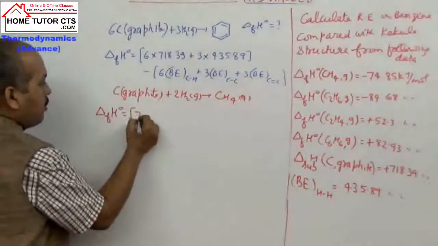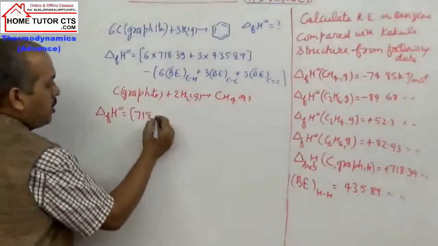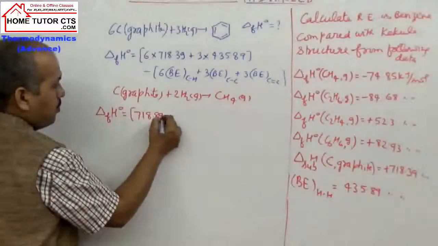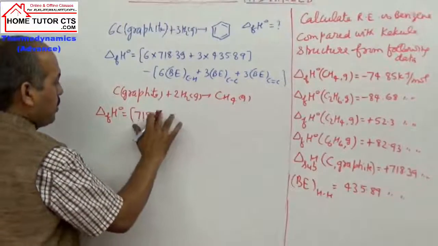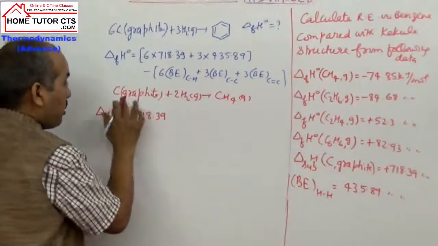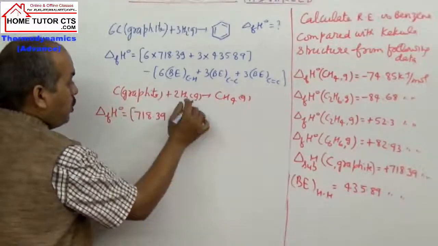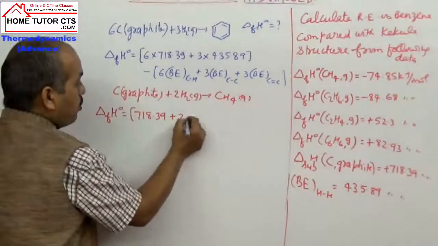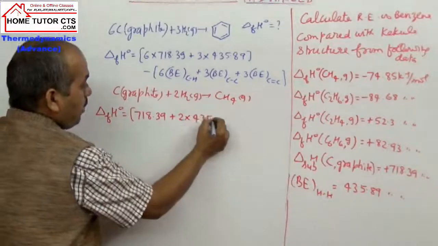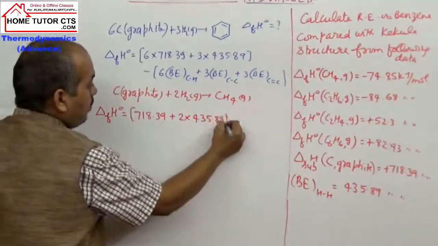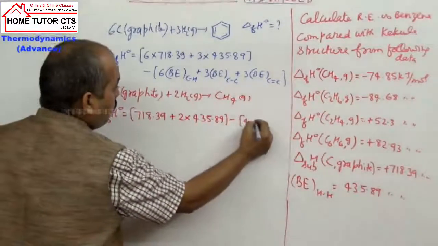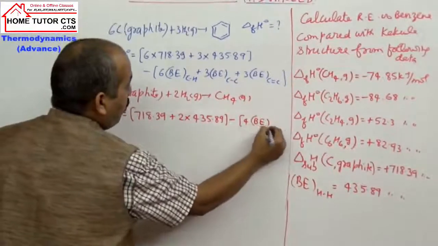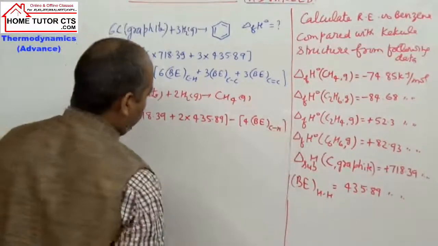Reactants: delta H sublimation of carbon 718.39 plus 2 into the bond enthalpy of the H-H bond 435.89, minus 4 into the bond enthalpy of the C-H bond.